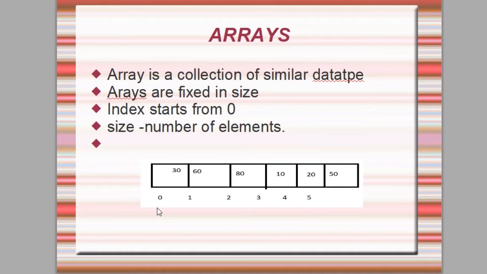An array is nothing but a group of elements which belong to a similar data type. Homogeneous means the same data type. Arrays cannot accommodate heterogeneous elements. Heterogeneous means different kinds of data types. It can accommodate only similar data types, homogeneous.